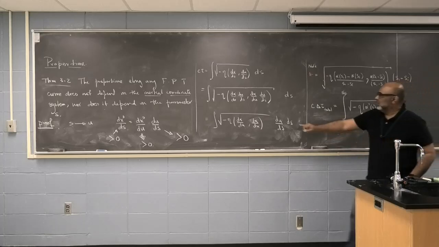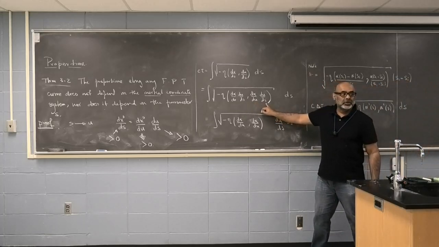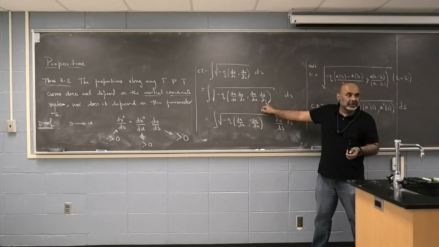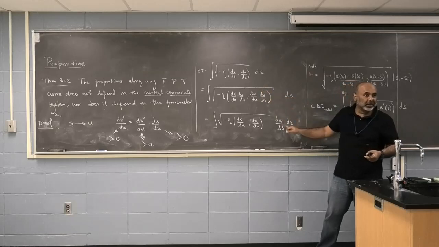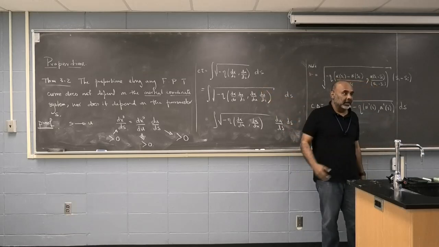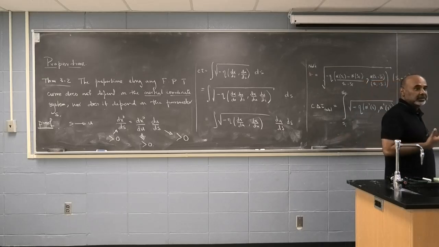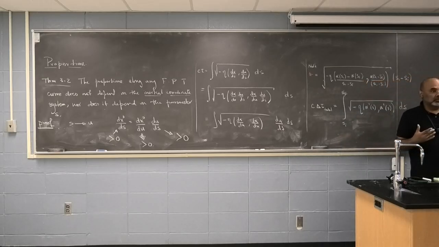Correct? Because there's two of this, so it's du/ds squared, but then there's a square root, so I bring out du/ds. Again, I told you du/ds has to be greater than 0, so when you take the square root, you would just get du/ds. And this is the change of variables formula from calculus. Guess what this is equal to?